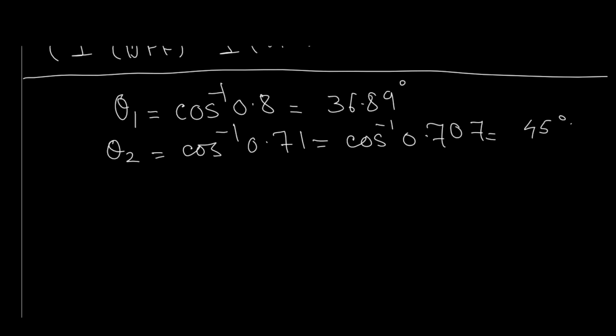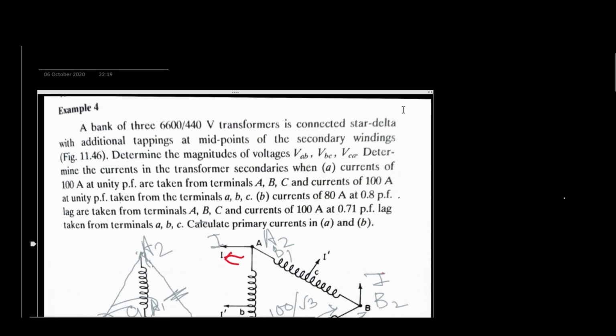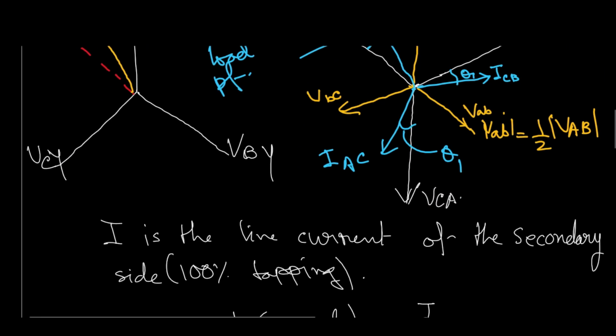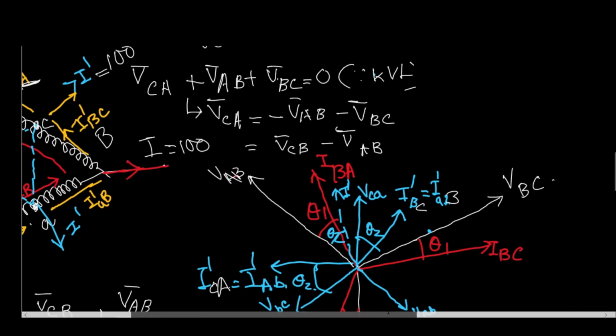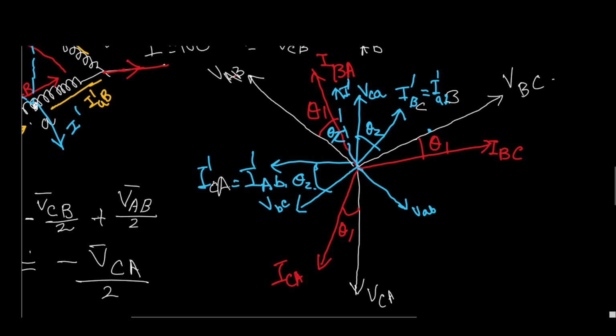Now what is the phase angle between our IBA and our I dash CA?